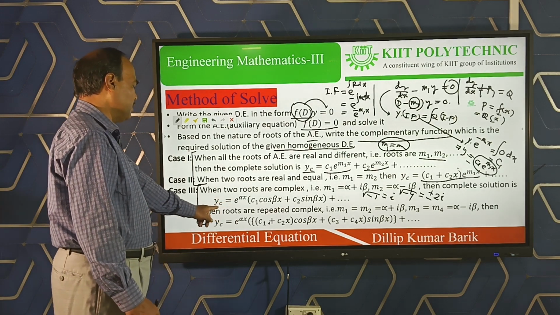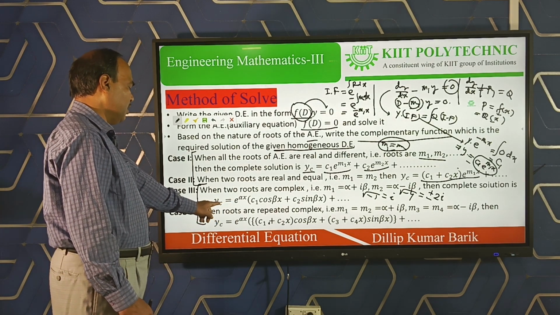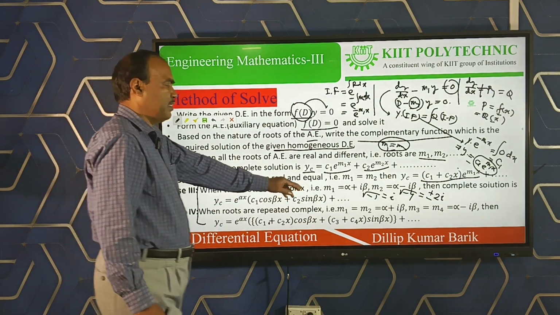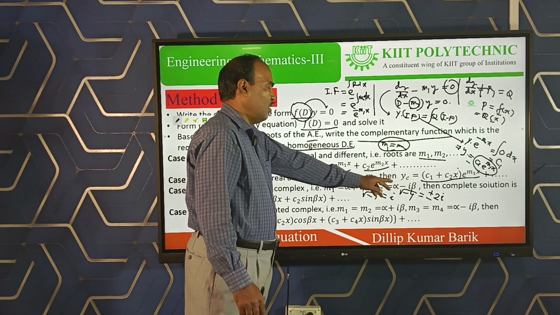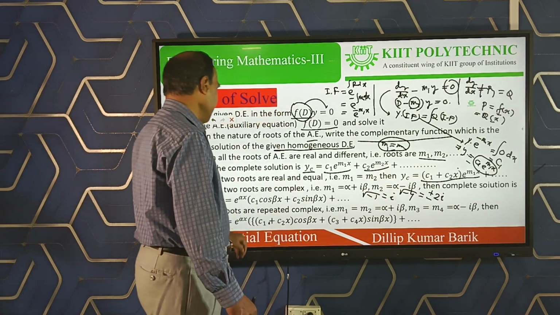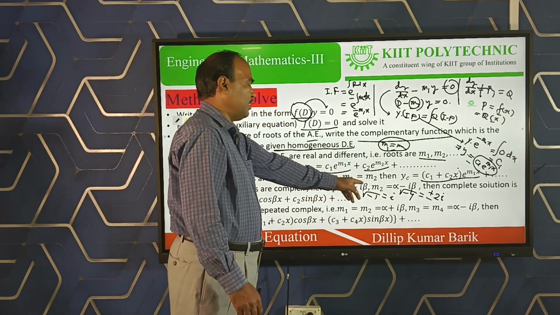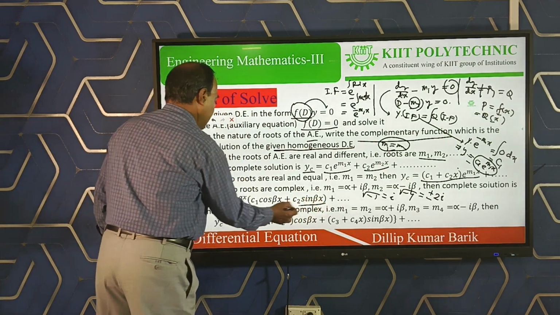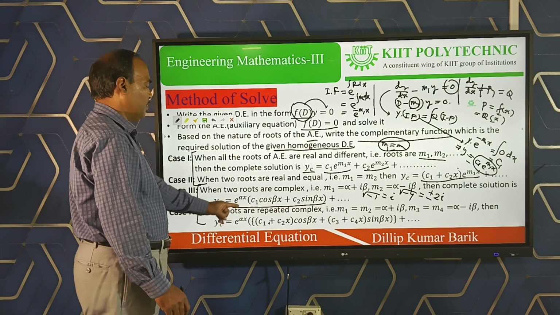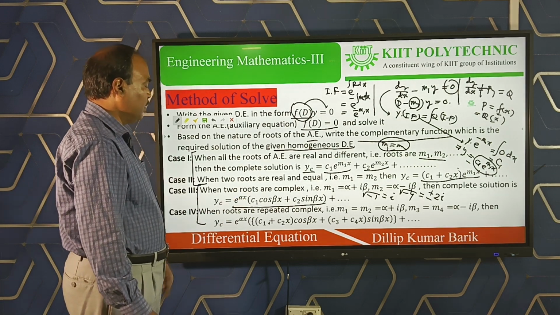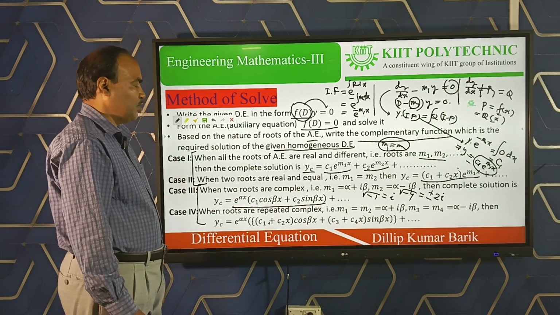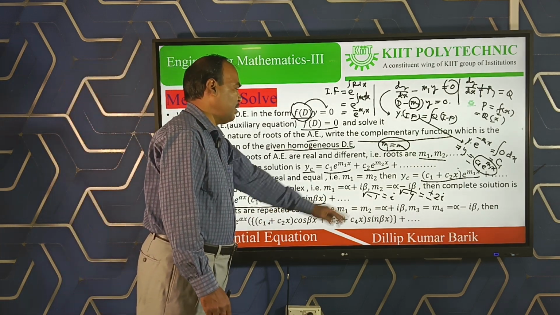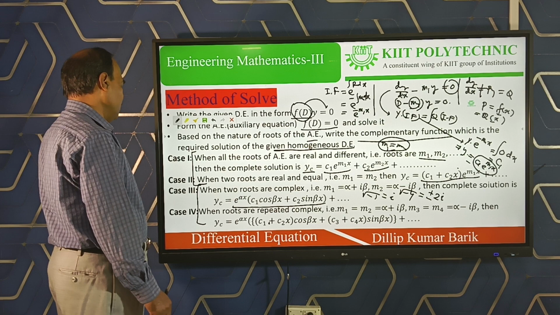Then after simplification, the final solution, or complementary function, when the roots are distinct complex, alpha plus i beta and alpha minus i beta, where alpha is the real part and beta is the imaginary part, is e to the power alpha x into (c1 cos beta x plus c2 sin beta x), and for other roots write the solution accordingly.